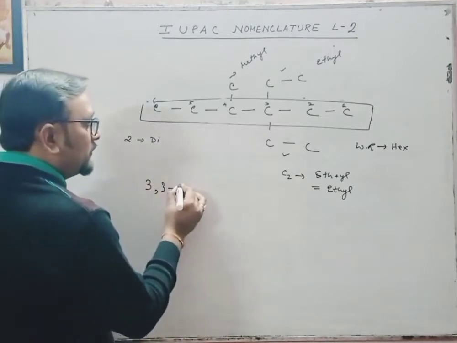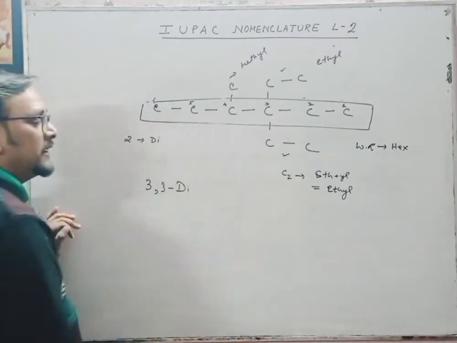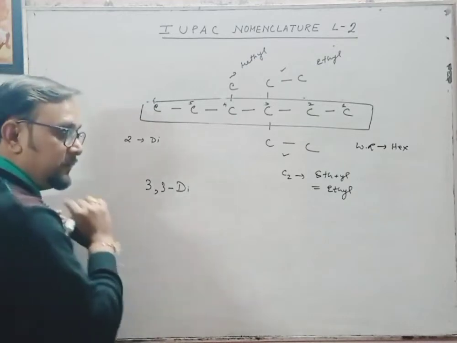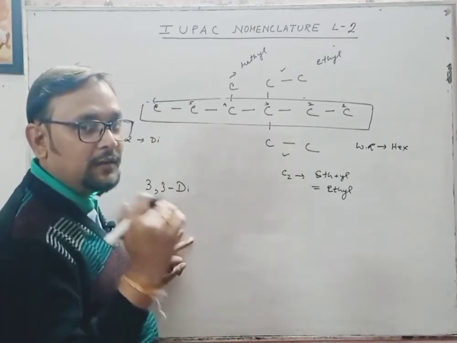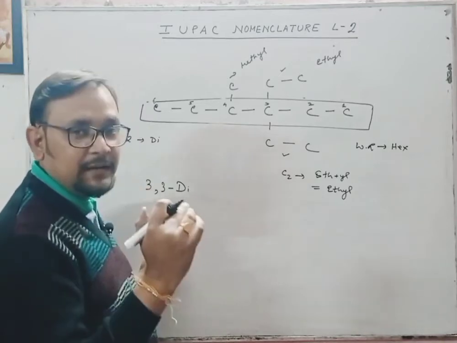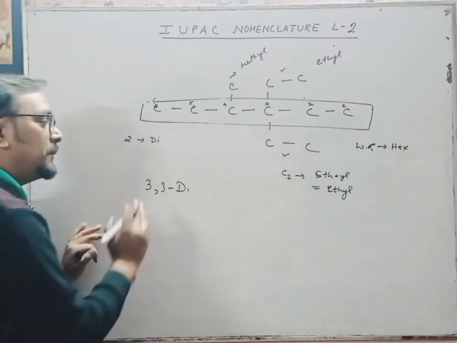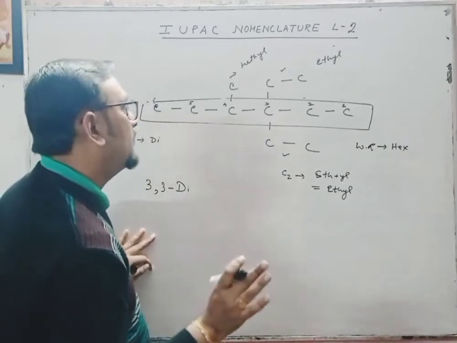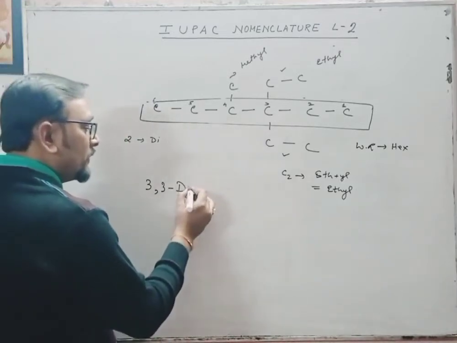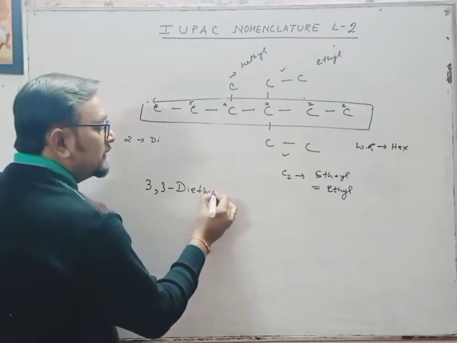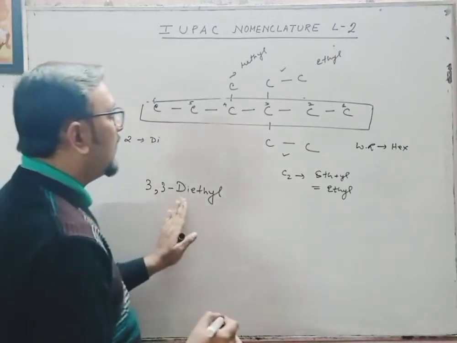So here I will start with di, D-I, di. Always start with the alphabet, capital letter, when you start writing your name. In between, don't use any more capital letter. So 3 comma 3 diethyl.